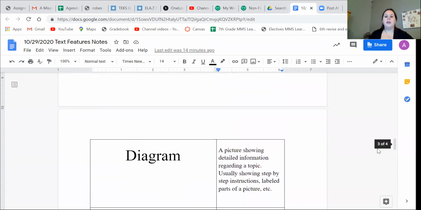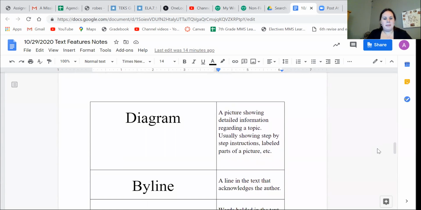Okay. Then you have a diagram. A diagram is going to be more in your science-based texts because it is going to be a labeled picture. Okay, it doesn't have to be a real picture. It could be an illustration, not necessarily a cartoon, but it could be just a lifelike illustration, not an actual picture.